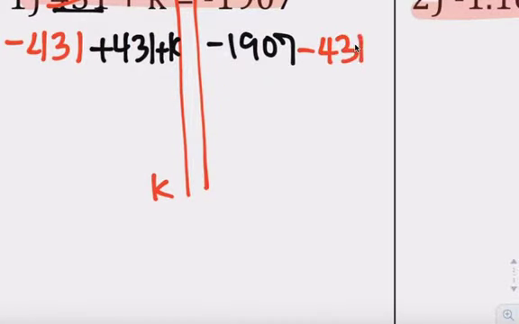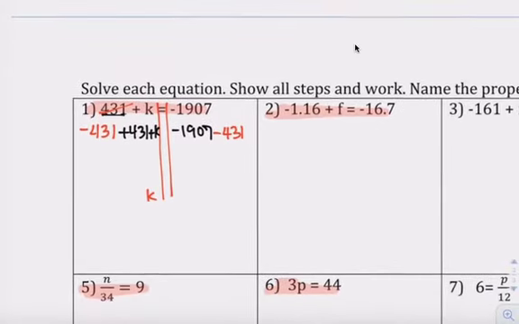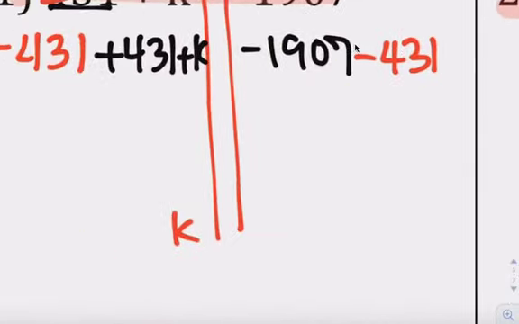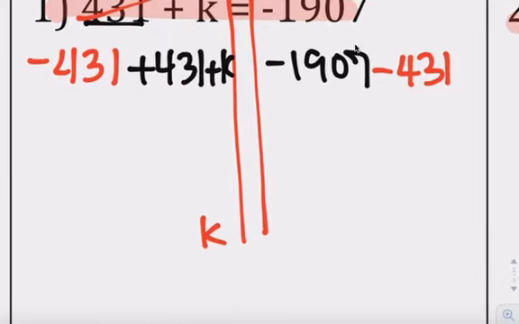This is called the subtraction property of equality. Okay, you don't need to name them. Let's just do them. This makes it equal to 0. 0 plus this K is the K. These two here are both negative, so you add them together.